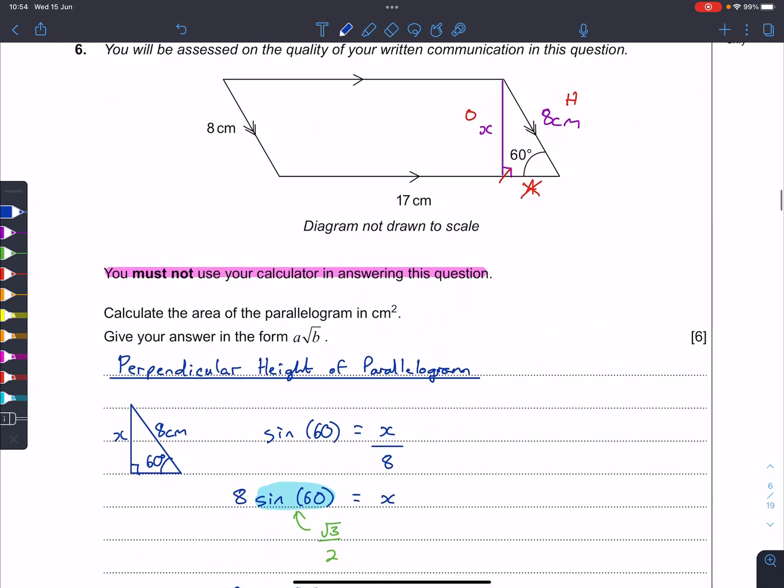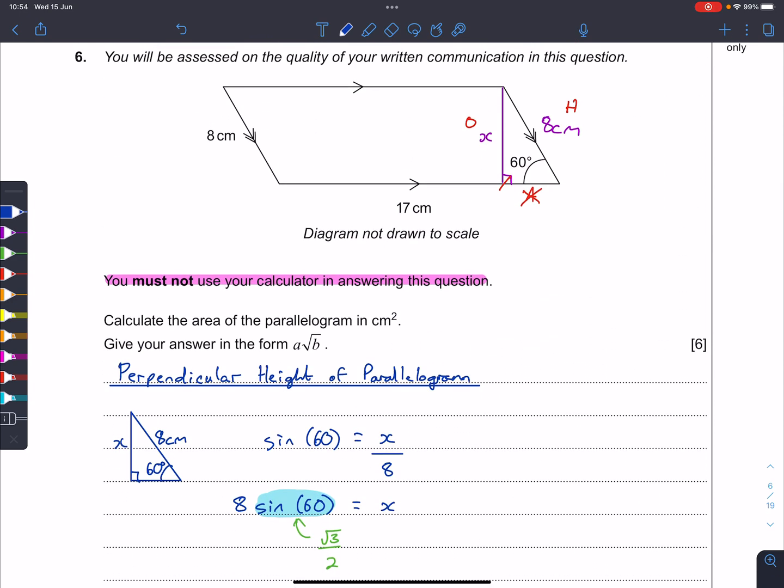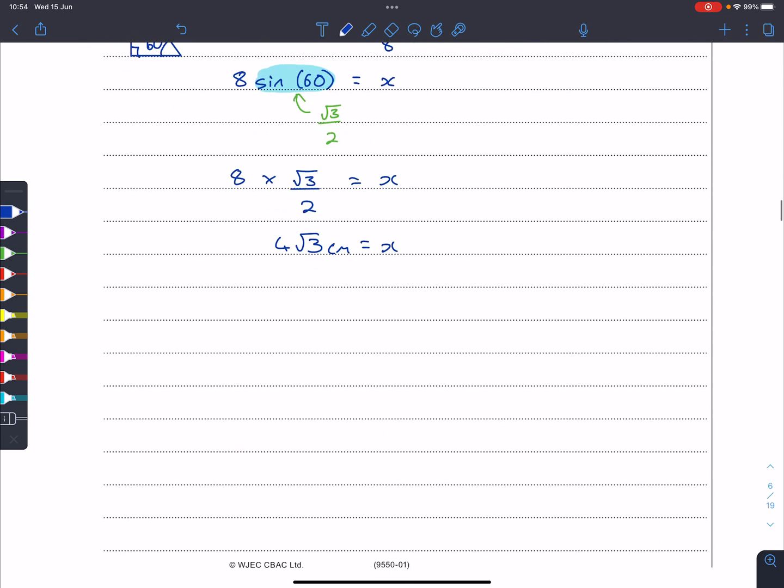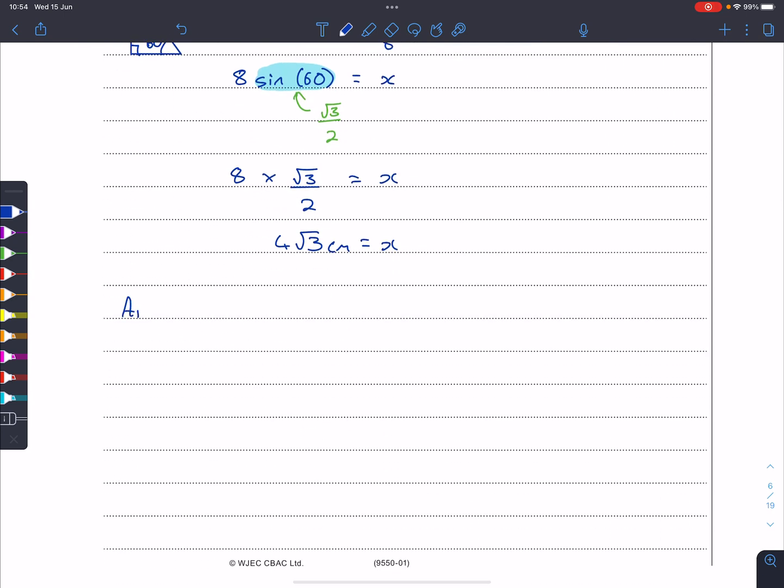Okay, now I can find the area of the parallelogram. We know the formula is area is the base times the perpendicular height.